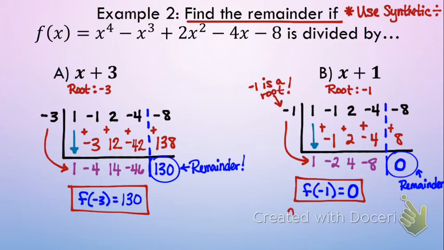Which means that x plus 1 is a factor of f of x. If we use long or synthetic division with a polynomial and we get a remainder of 0, that means that we have found a factor of that polynomial. That is our factor theorem.